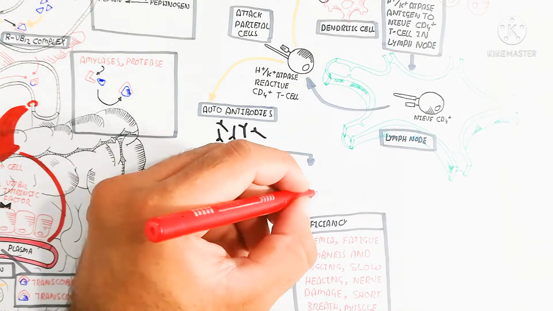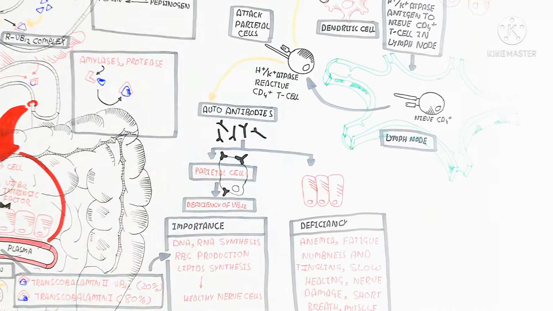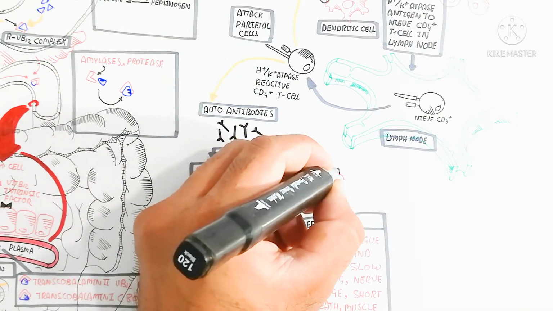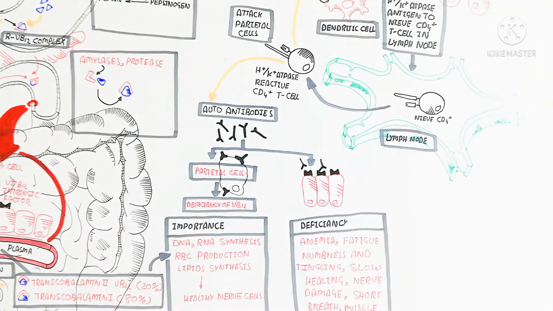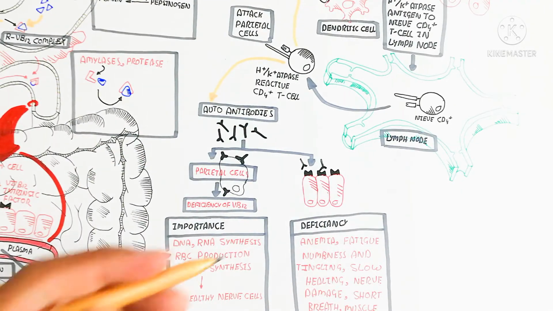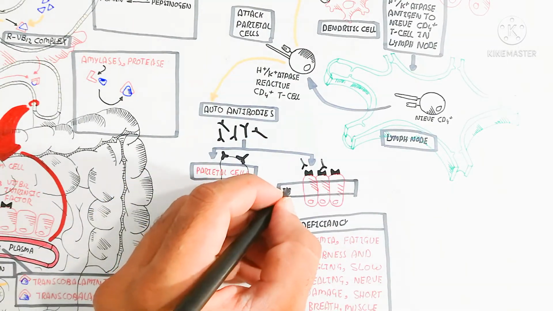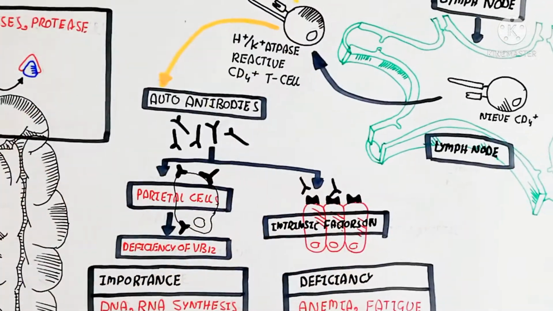So the absorption of vitamin B12 gives health to the muscle, brain, DNA synthesis, mitosis, RNA synthesis, protein production and lipid synthesis, as well as leading to healthy nerve cells. Why? Because of lipid synthesis, our nervous system is made up mostly of lipid. So that is why.